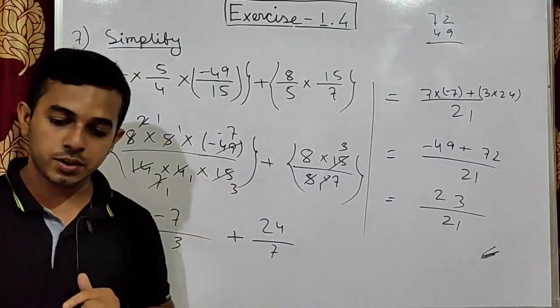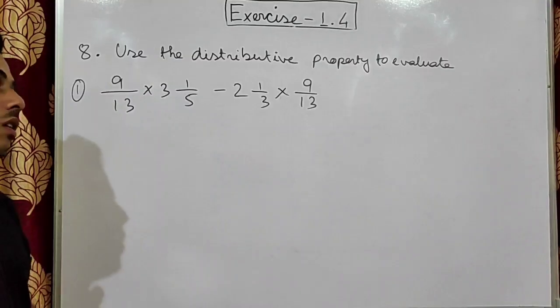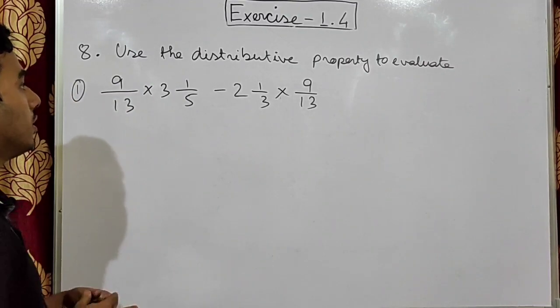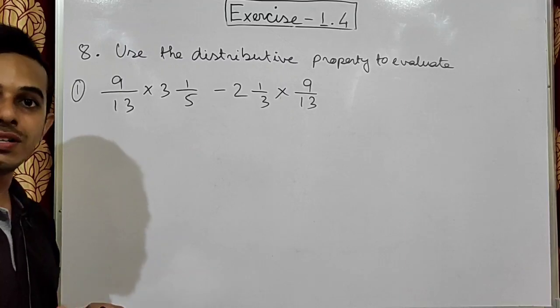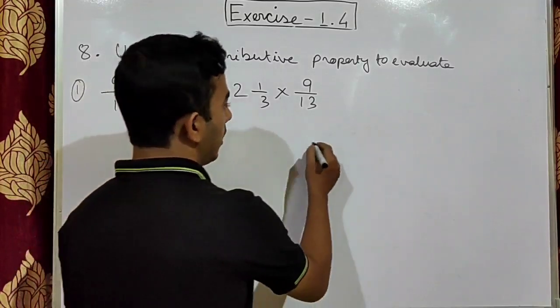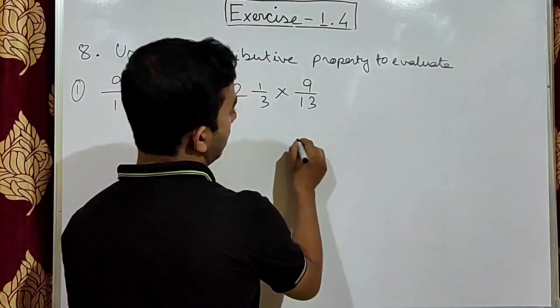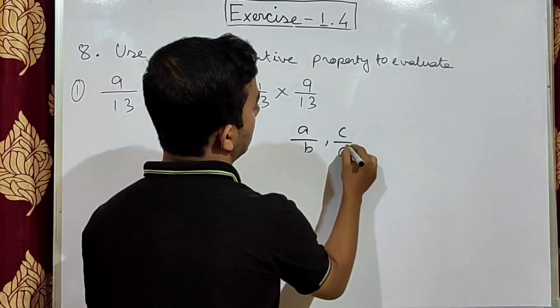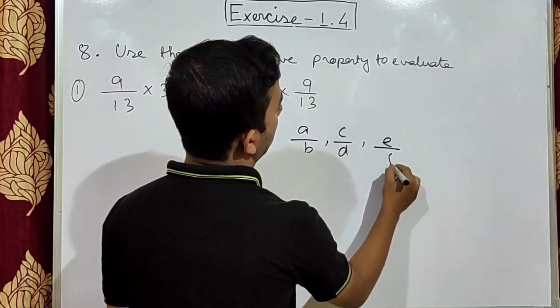So now let's move to our next question, that is question number 8. Okay, so here the question is, use the distributive property to evaluate. Before that we have to know what the distributive property is. For that, let us consider 3 rational numbers a by b, c by d and e by f.